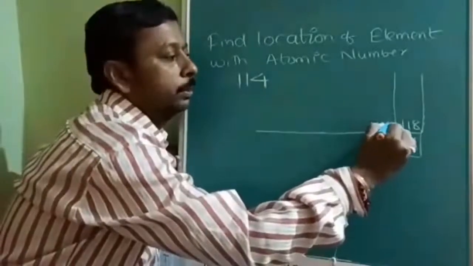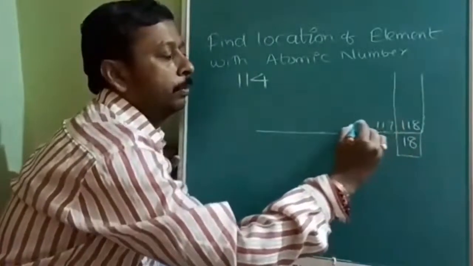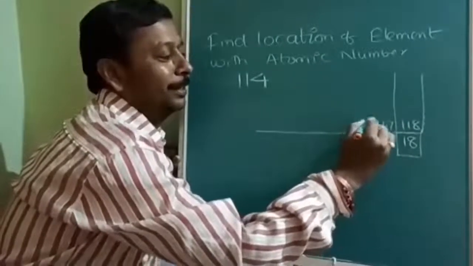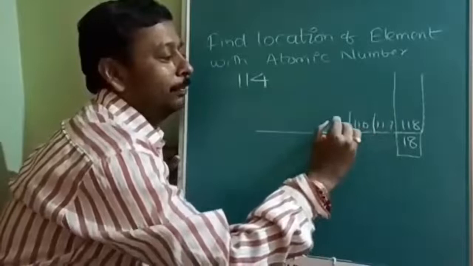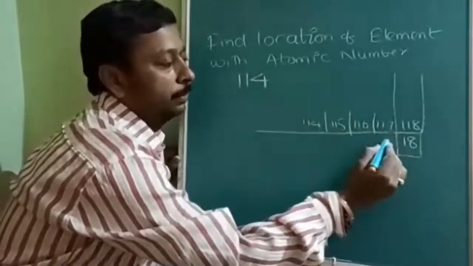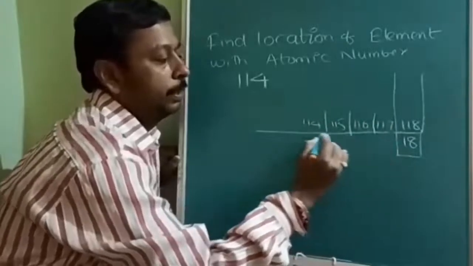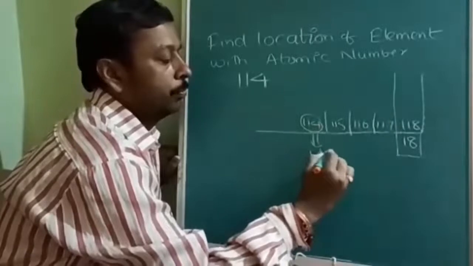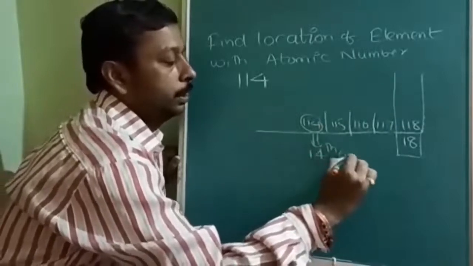So 117, 118, sorry, 116. Now 115. So 114. 18, 17, 16, 15, 14. So that means it belongs to which group? 14th group. Is this clear?